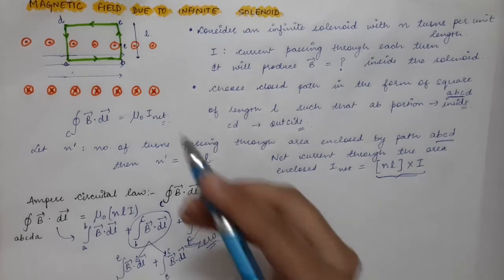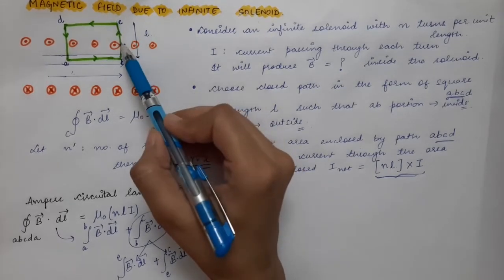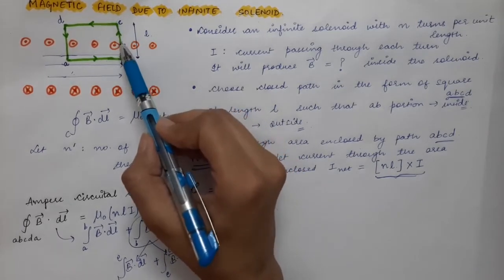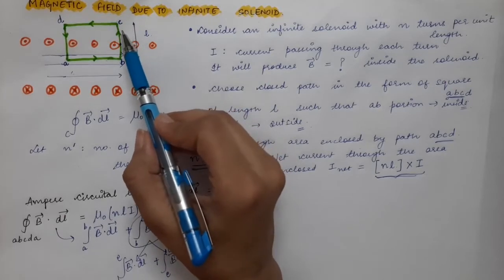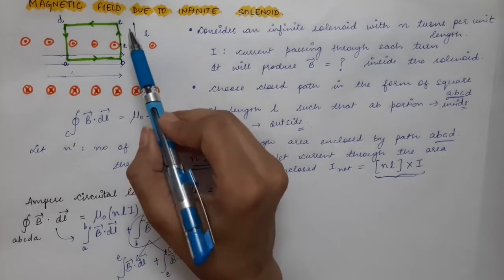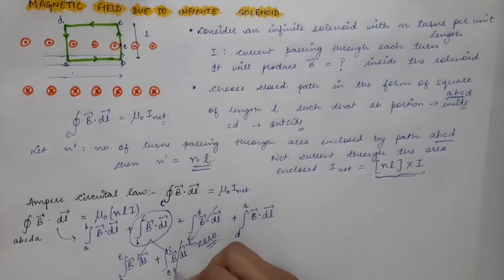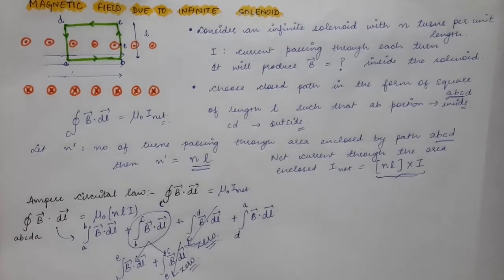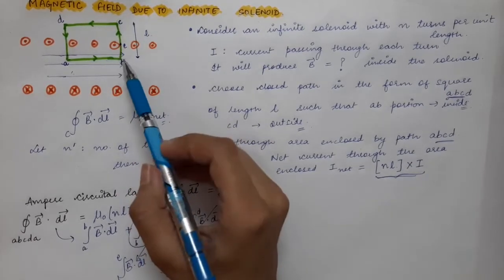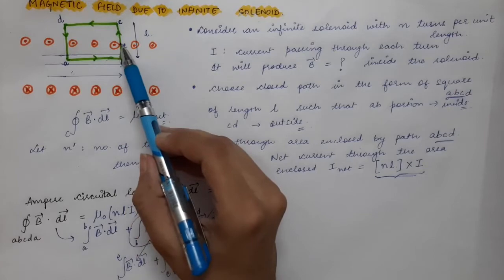As you can see, from E to C this portion of the closed path lies outside the solenoid, and outside the solenoid the magnetic field is equal to 0. So this integration will be equal to 0. Now what about the integral from B to E?